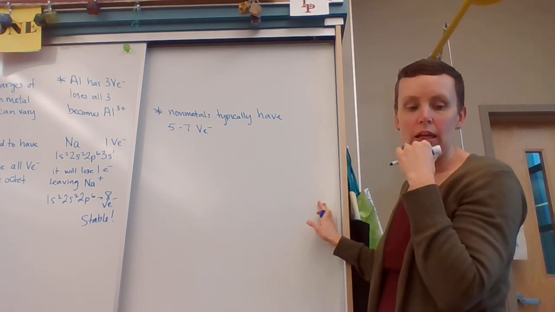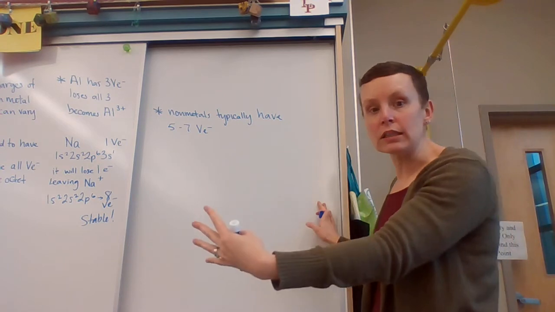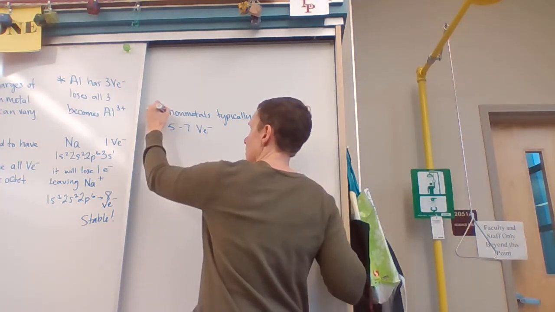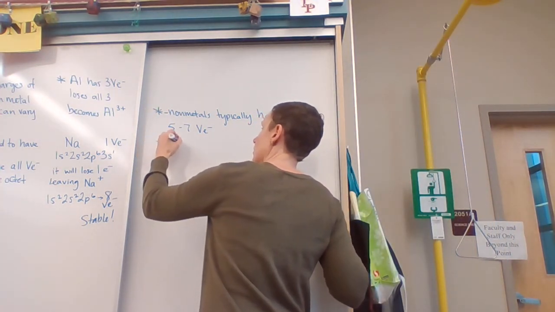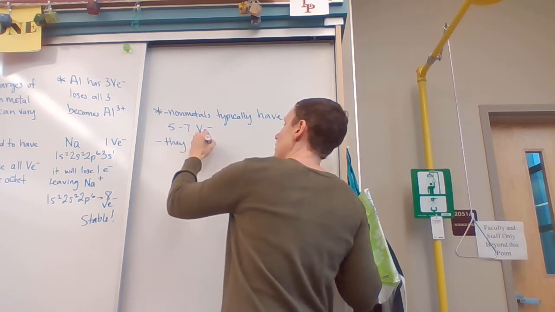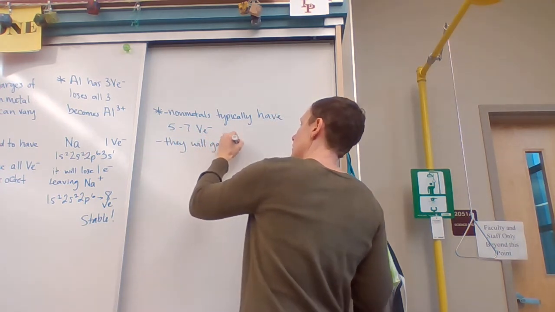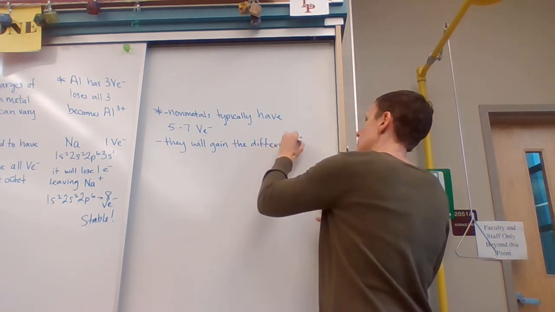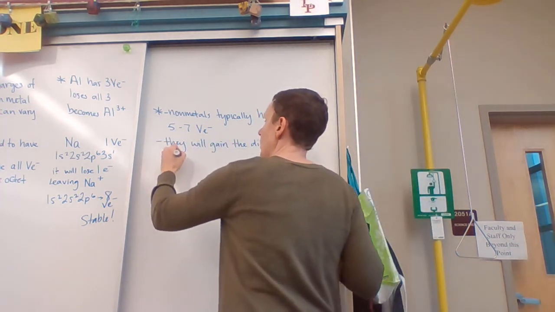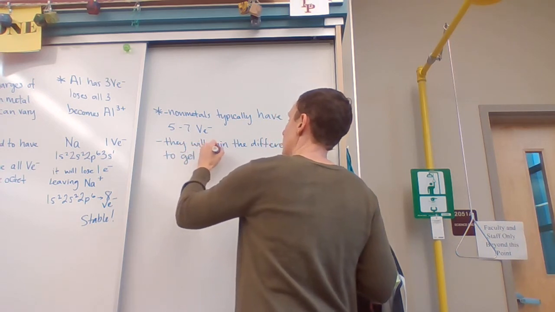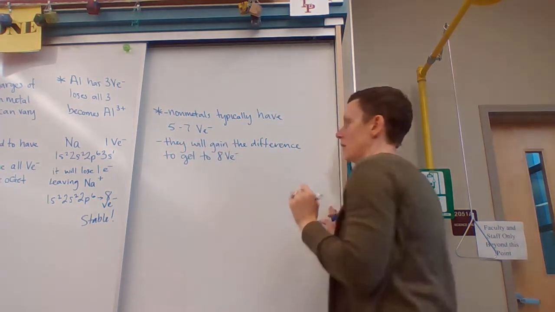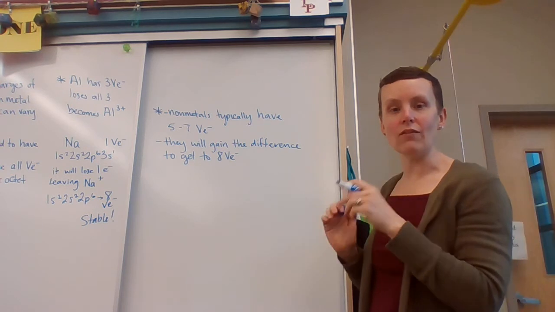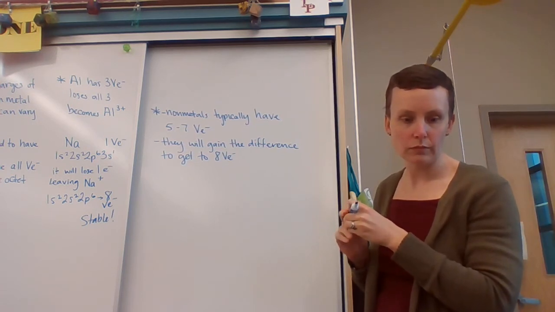They will gain the difference to get to 8 valence electrons.